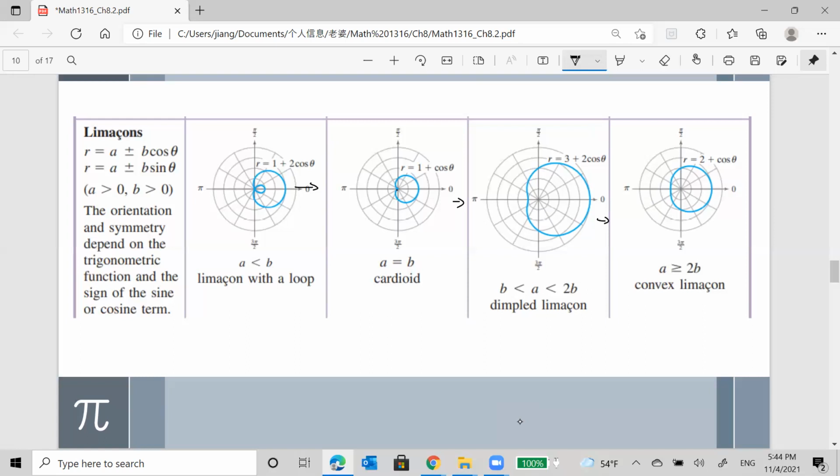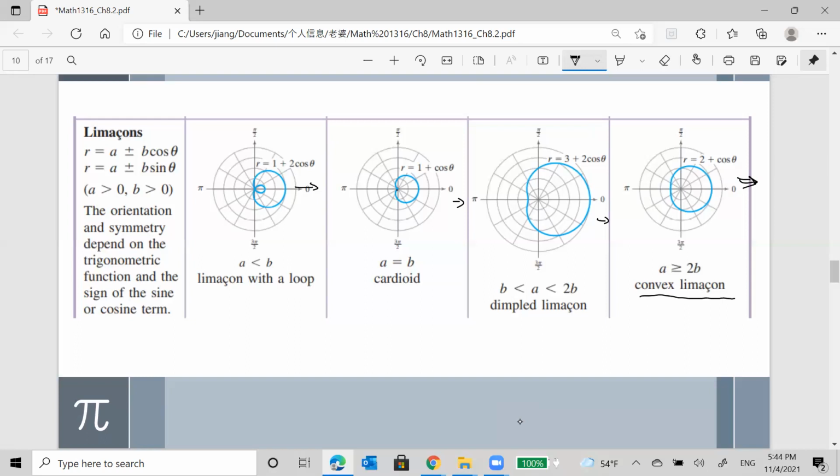So I can't give that much pressure to pull the suction cup. That means my dimple comes to here and there is no dimple, nothing concave, so we make a convex limaçon like this, because I have a very small number here, big number here, so my shape is like this.